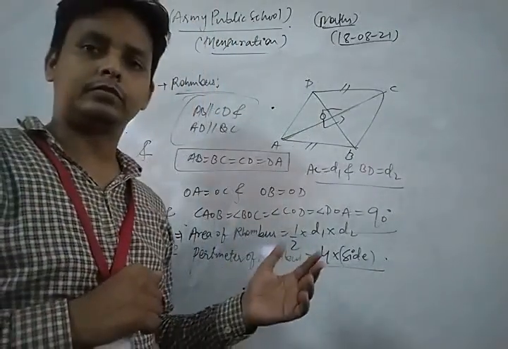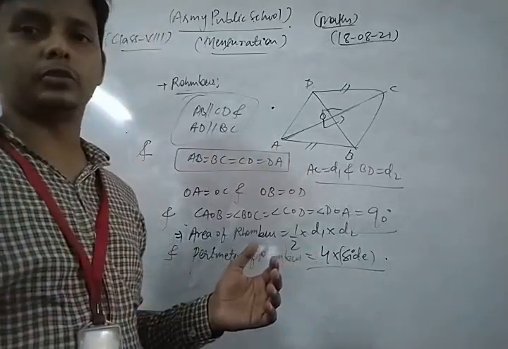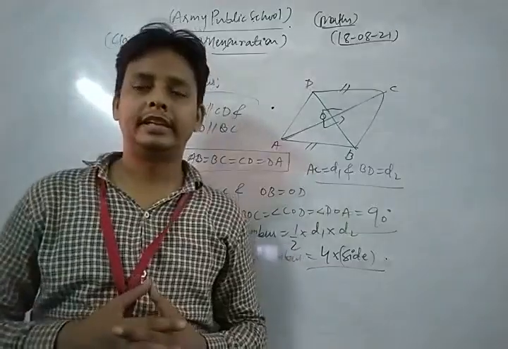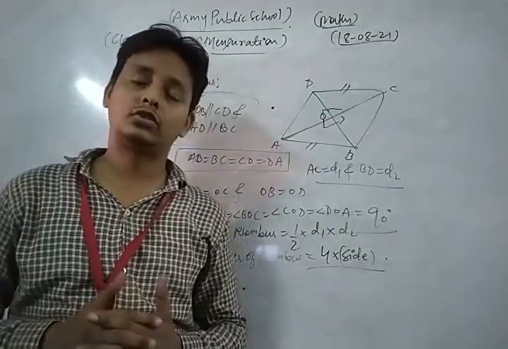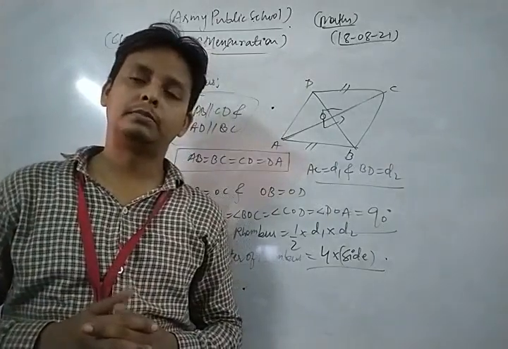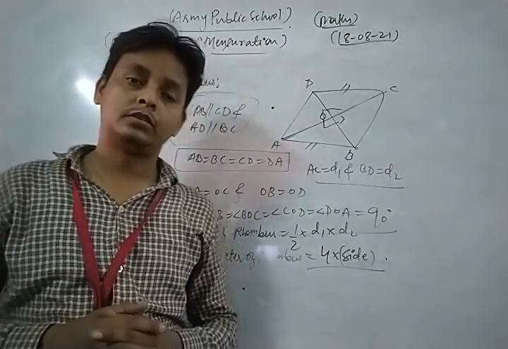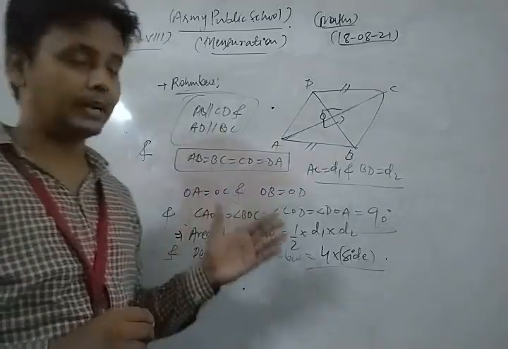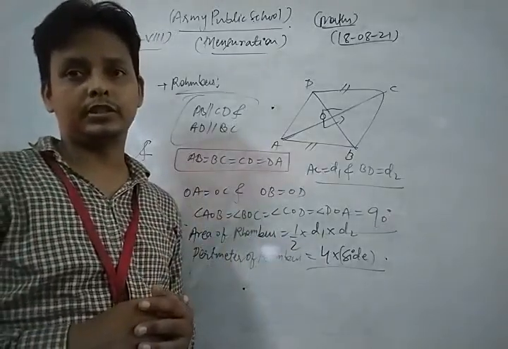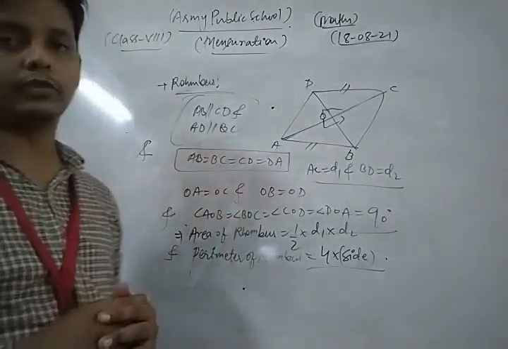You can solve every question based on these topics. In the next class we will solve some important questions based on the trapezium and rhombus. So first you revise all the formulas.